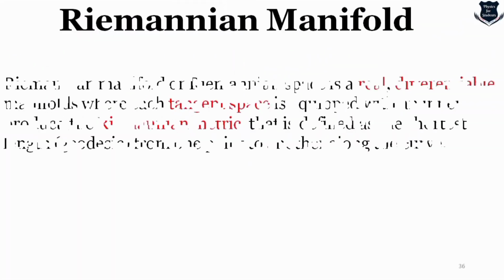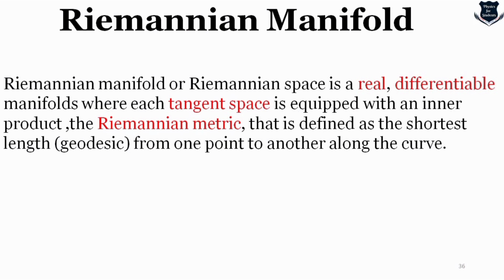Okay. So in general, what we call a Riemannian manifold, this is very basic. Again, this is not a totally mathematical definition. But just to give you an idea, a Riemannian manifold or Riemannian space is a real, differentiable manifold where each tangent space is equipped with an inner product, the Riemannian metric, that is defined as the shortest length, the geodesic, from one point to another along the curve.